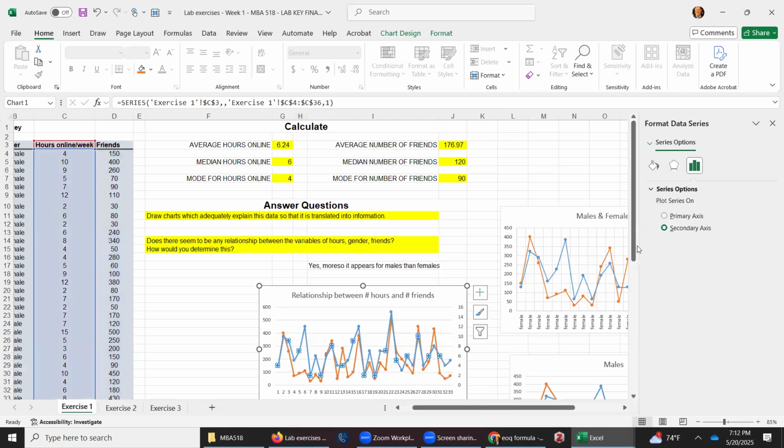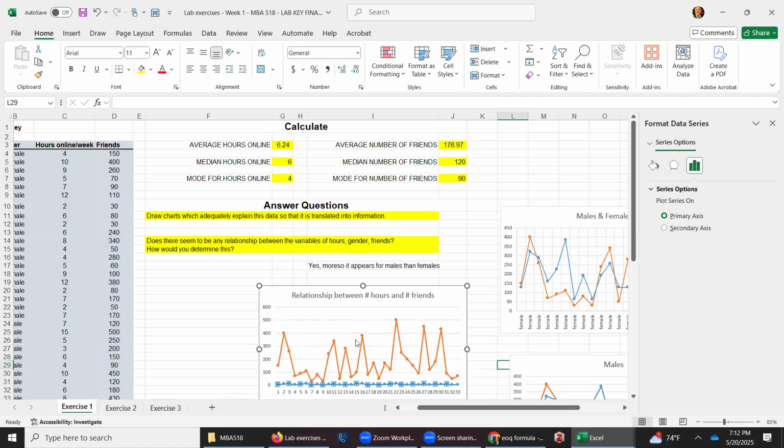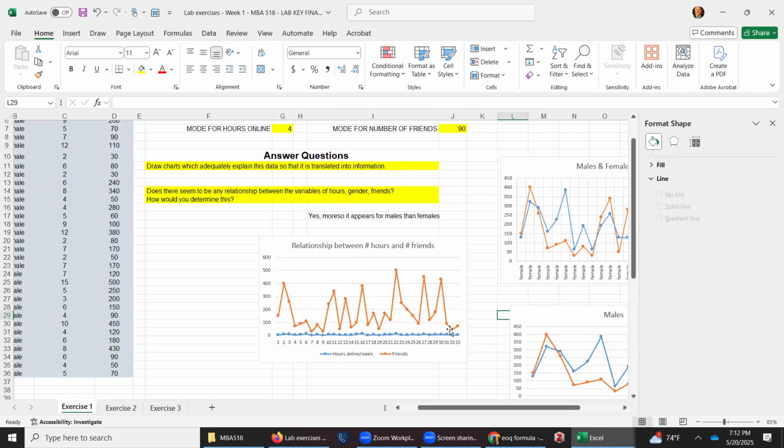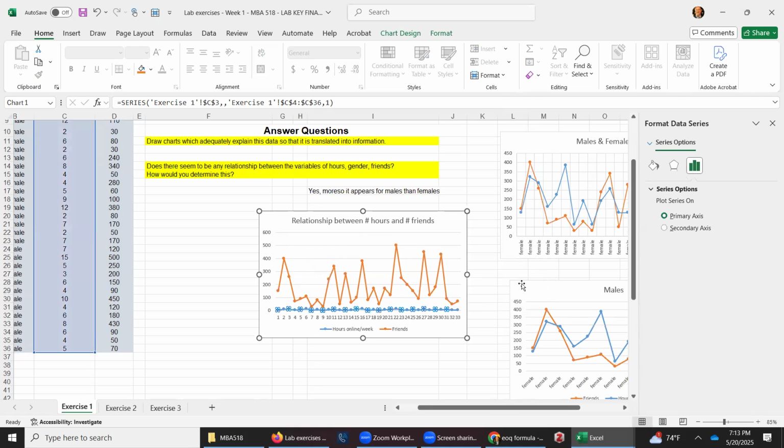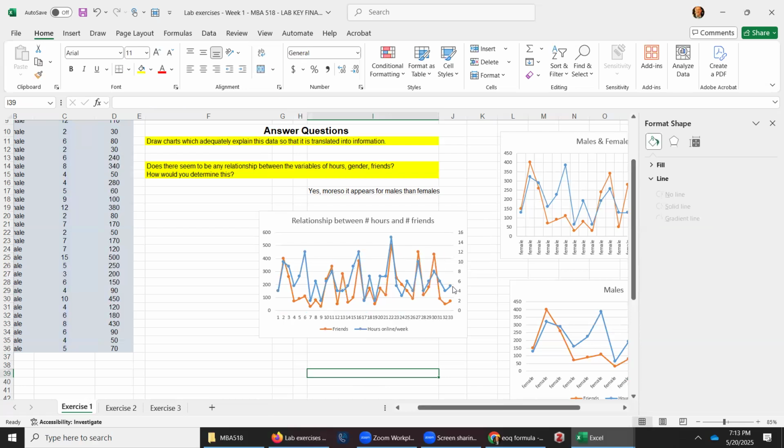If we left it on primary, you'd say, I'm not really seeing anything. The number of hours online, 8, is a lot different than 500. Why does that look weird? Because I have to plot that on a secondary axis. Now I can see the relationship between the two curves.